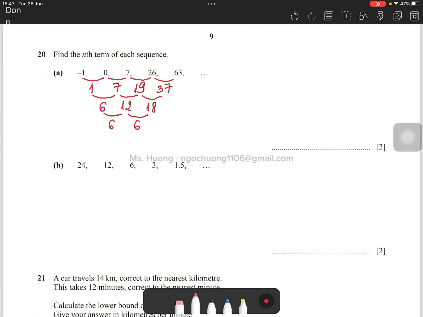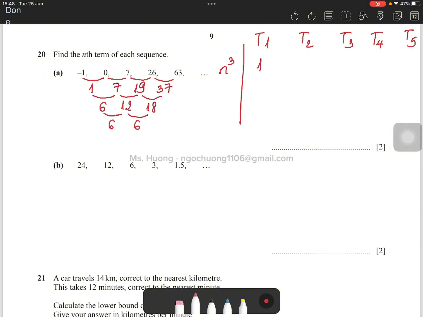And you know that for the basic cubic sequence n cubed, the first term, I'll call this T1, T2, T3, T4, and T5. The first term is 1 cubed equals 1.